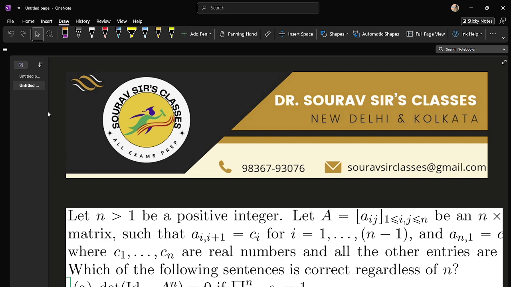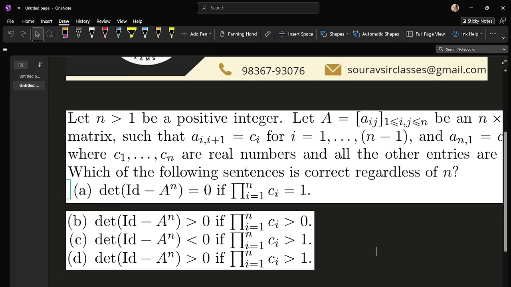Okay, so we are now solving the TIFR GS 2025 questions.